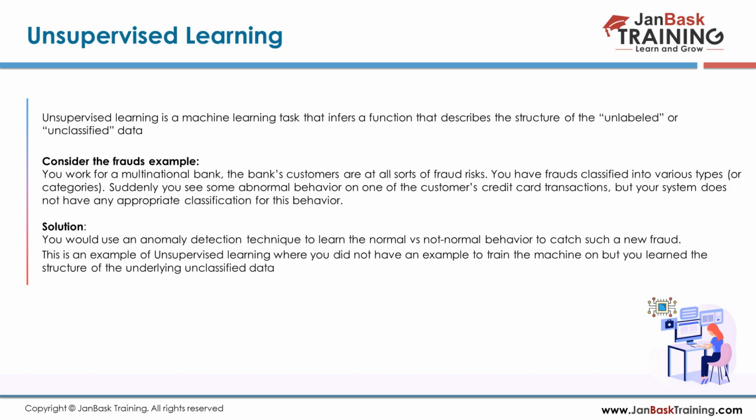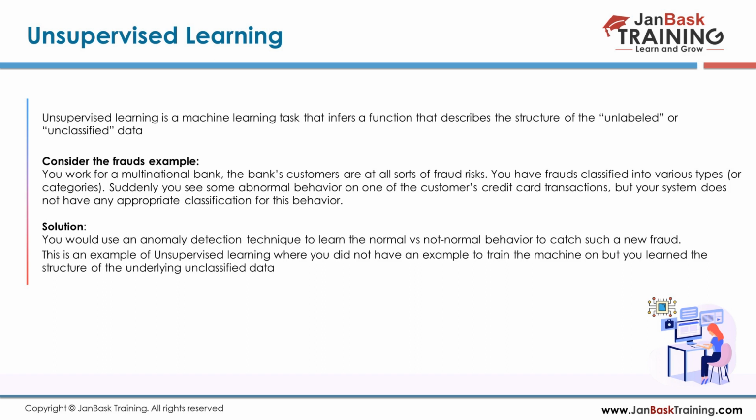So that is unsupervised learning. Unsupervised learning is a machine learning task that infers the function that describes the structure of unlabeled, unclassified data. As I told you, there is no labeled data because there is no target column, and it's unclassified. Obviously, when there is no label, that means it is not classified.